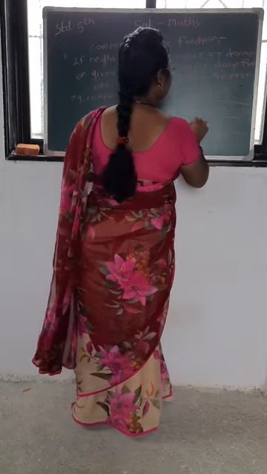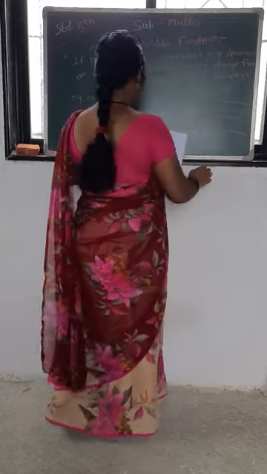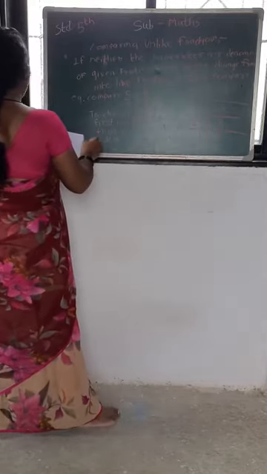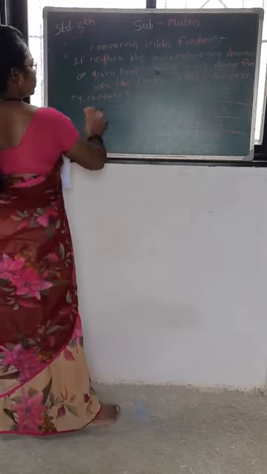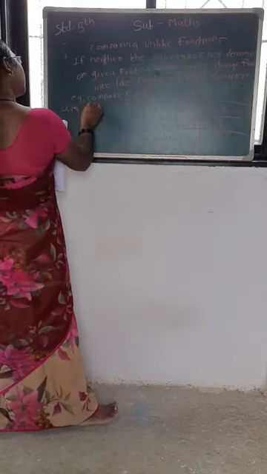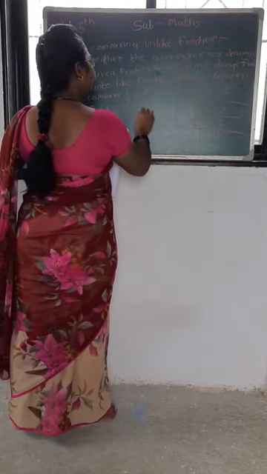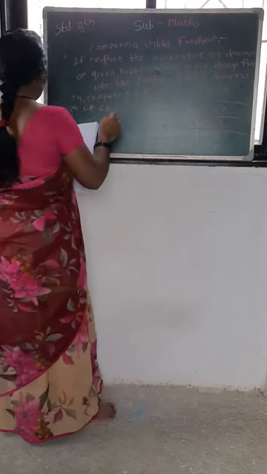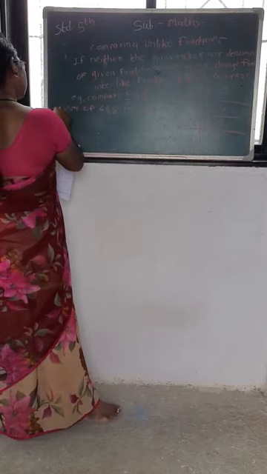Third one is 1 as it is. Then the LCM of 4 and 8 is 2 multiplied by 2 multiplied by 2, that is 8.